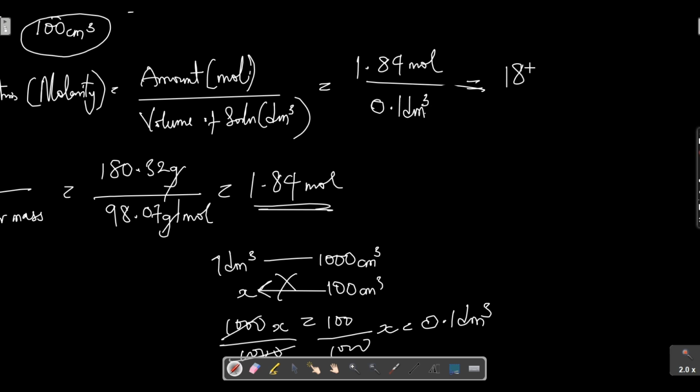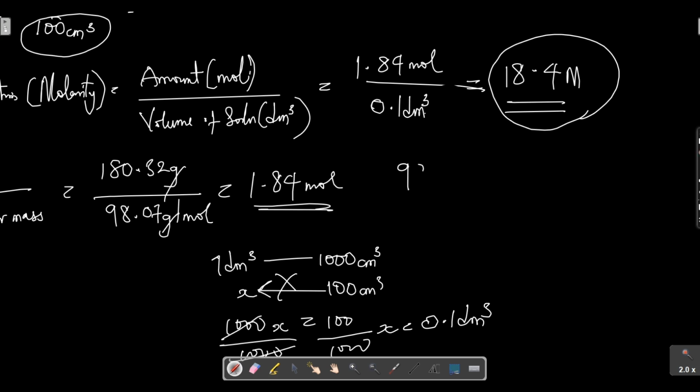When you divide this together, your final answer is 1.84 moles divided by 0.1 dm cube, which gives approximately 18.4 moles per dm cube. So this is the initial concentration of the sulfuric acid. Take note of this. You don't need to do all this calculation. If you check the Winchester bottle and you see 98%, it means the initial concentration of that stock solution is 18.4 mole.